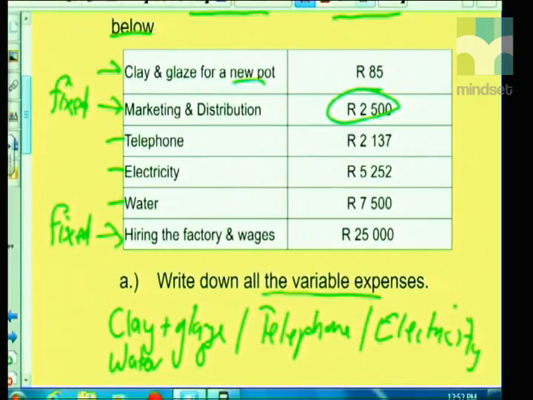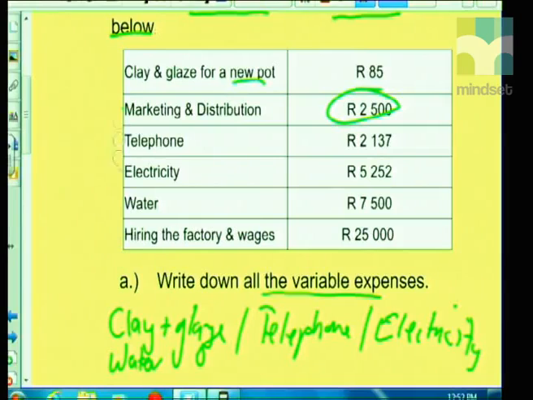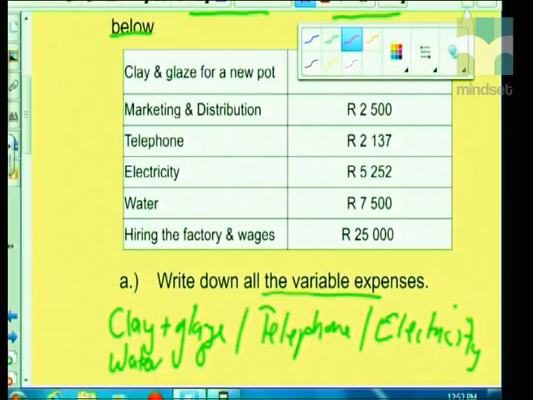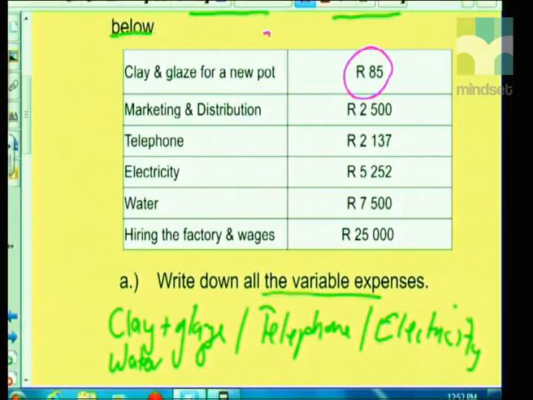Recognize that in terms of what we've been given, the only thing that is variable and based on the number of pots that we can do any calculations with budget-wise is that this was the cost for one pot. So in terms of that, one pot was going to cost us 85 Rand.